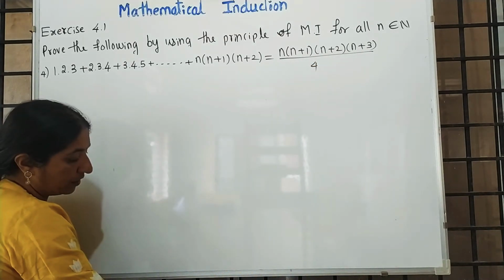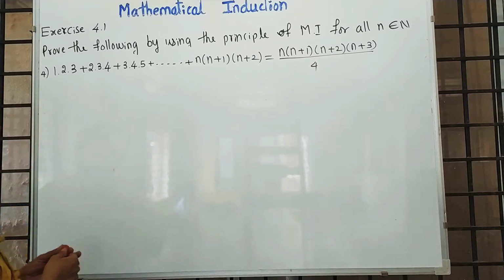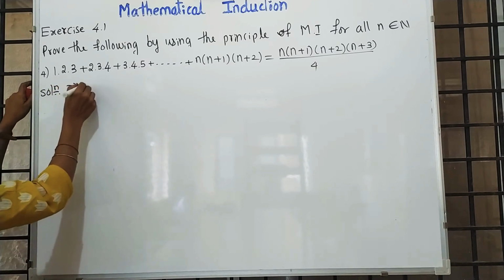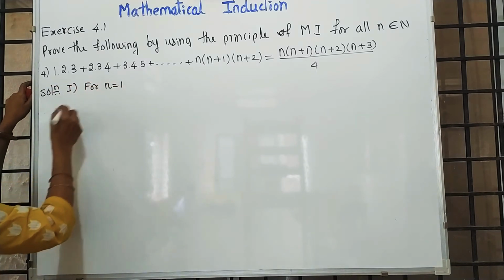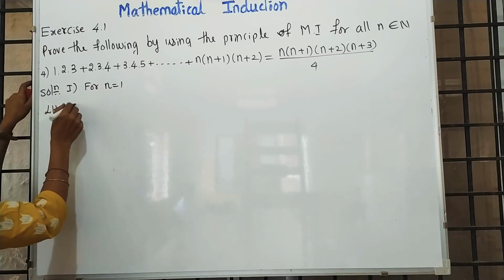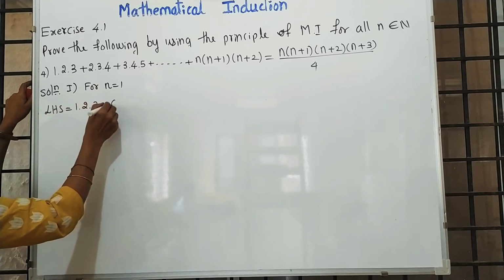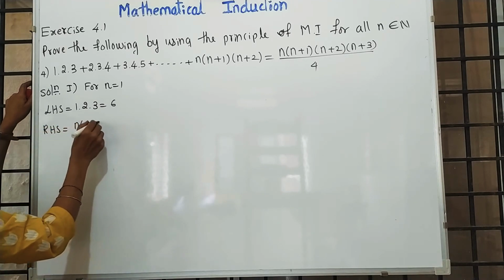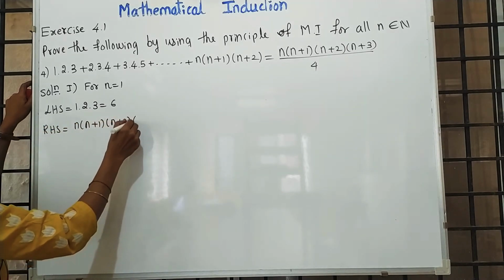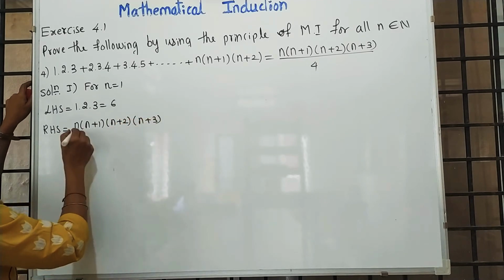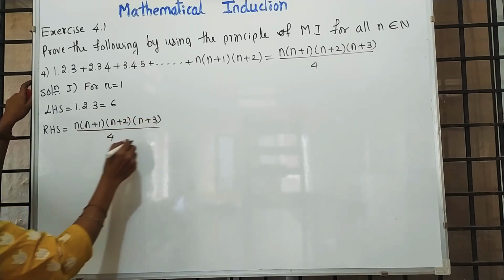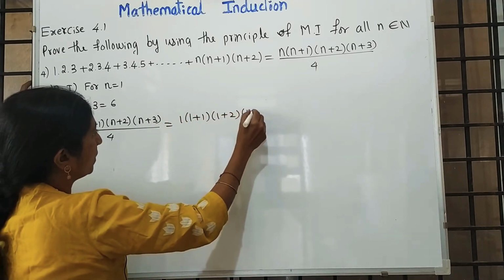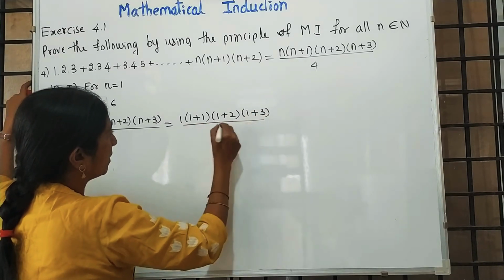So, as usual, the first step is very simple in the solution. For n is equal to 1, write down the LHS. LHS is 1 into 2 into 3, that is 6. What is RHS? n into n plus 1 into n plus 2 into n plus 3 divided by 4, that is 1 into 1 plus 1 into 1 plus 2 into 1 plus 3 divided by 4.